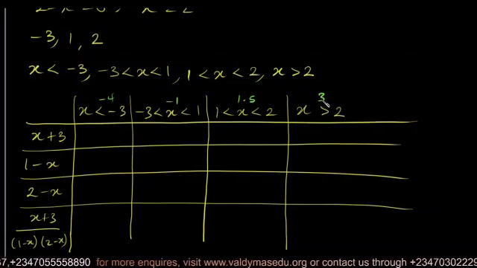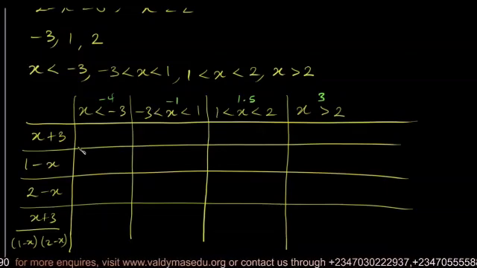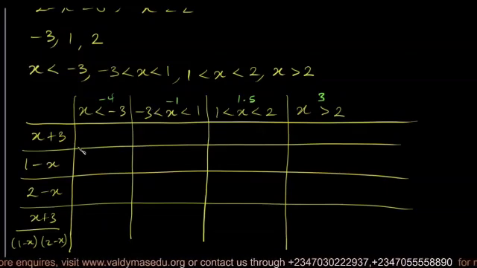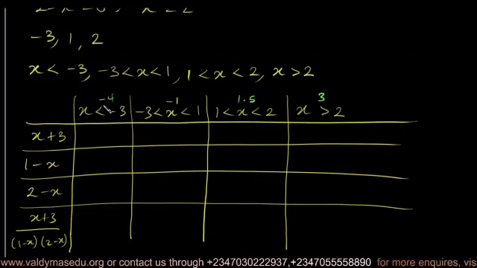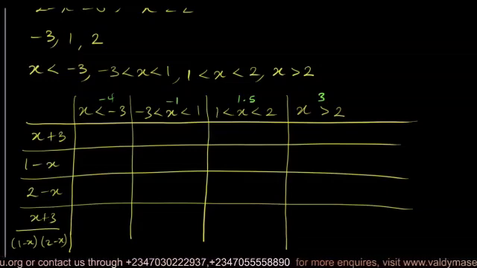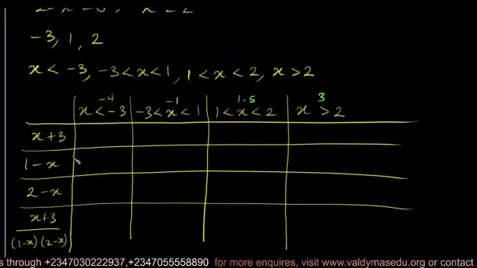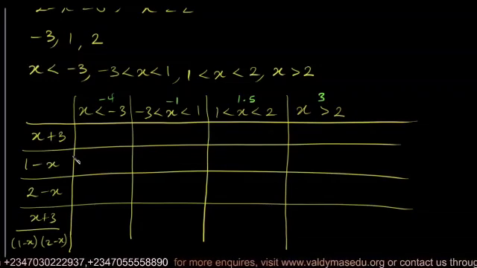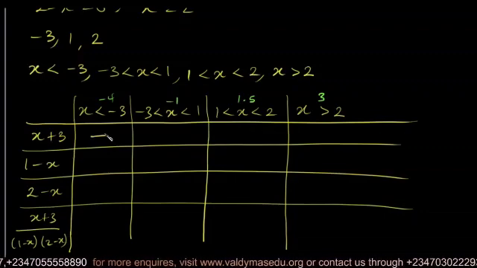It is these values that you use to represent x for each box. The first one is x plus 3. Our x in this case is minus 4. So minus 4 plus 3 will give you a negative answer, which is minus 1. So you write negative.